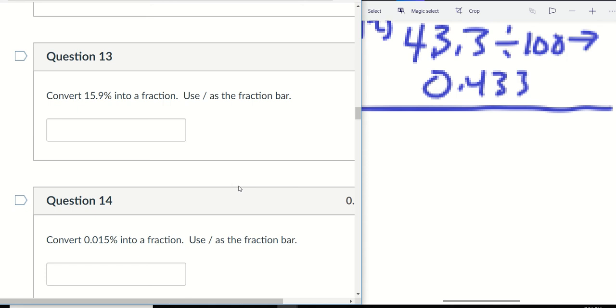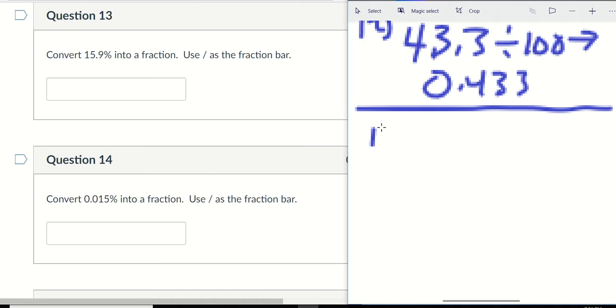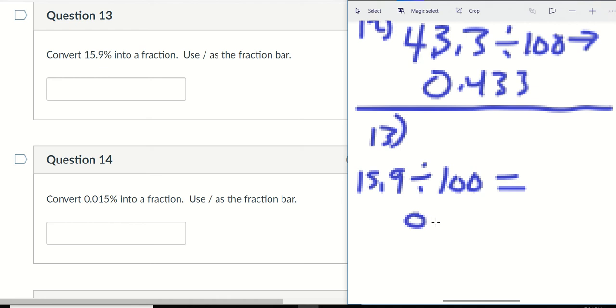All right, percentage to fraction. So this is where you guys tend to skip the decimal. So you have to go to decimal first. So you do 15.9 divided by 100 first, right? Then you get 0.159.